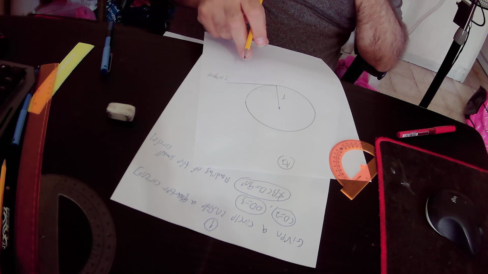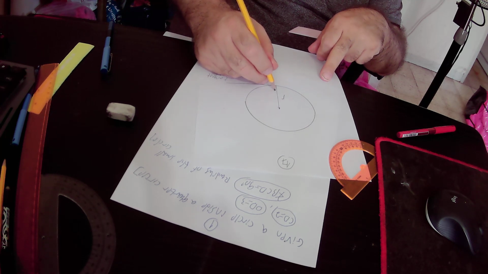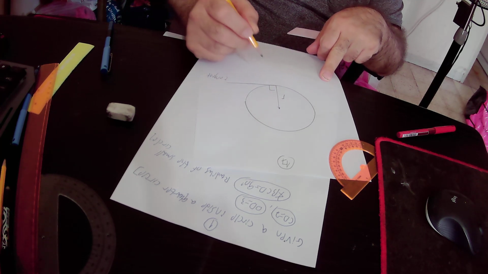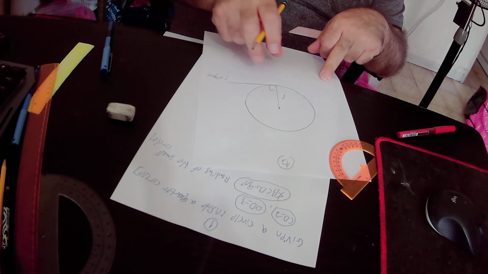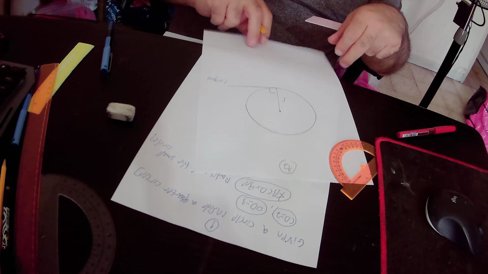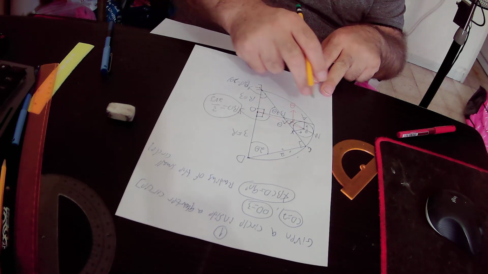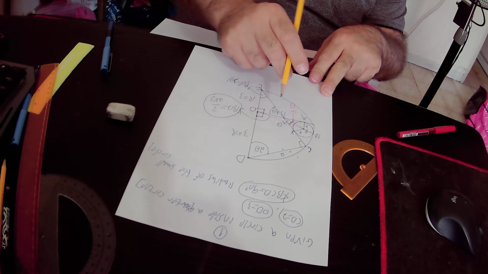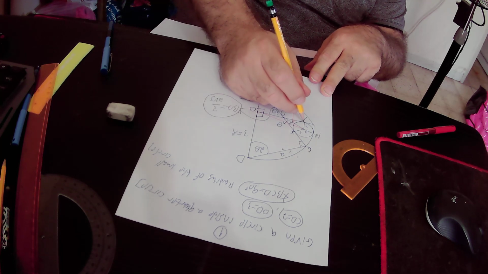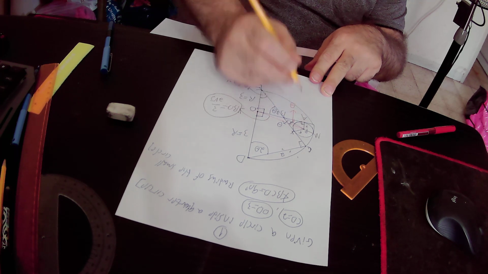The tangent is perpendicular to the radius, that is to say this angle is 90 degrees. The tangent is always perpendicular to the radius, therefore this angle is 90 degrees. So here we have the radius and the tangent to the radius, therefore the radius is perpendicular to the tangent, that is to say this angle is a right angle, it equals 90 degrees.